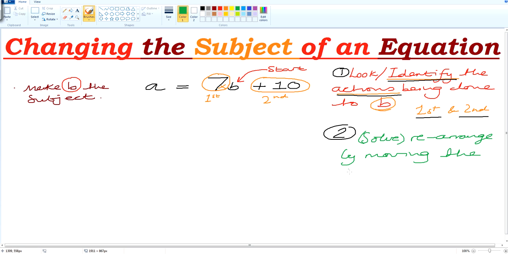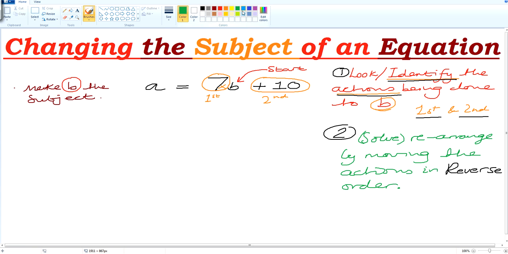Remember, we identify the actions, but in which order do we move them? What's the key word here? The whole point of us numbering the actions is so when we start to move them, we don't move the first one first and the second one second. We move them in reverse order. And that is absolutely crucial to the technique for this question.